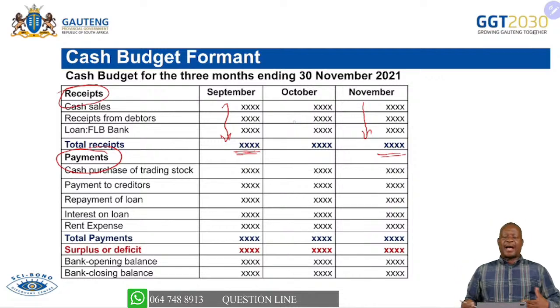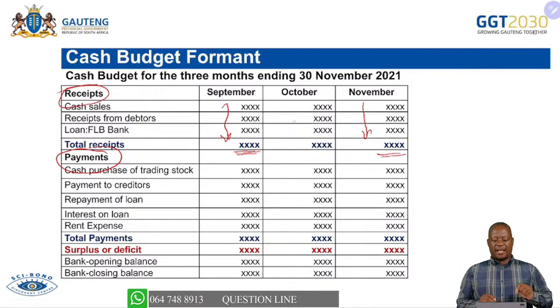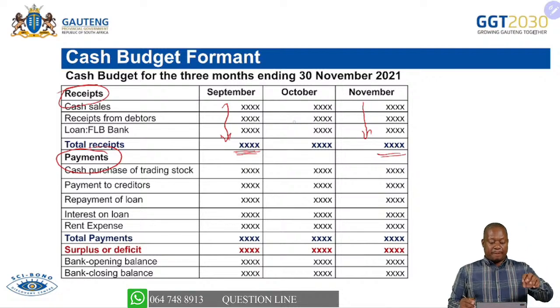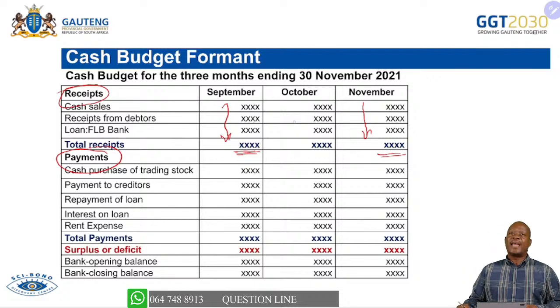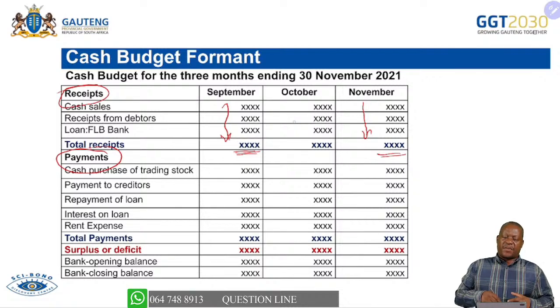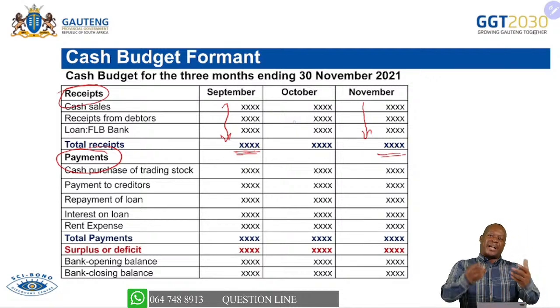The second part is your payments part. Now, in this case, we have cash purchases of trading stock, and we also have payments to creditors. We also have loan repayments, interest on loan, rent expense, telephone, among other things that we might have budgeted for.